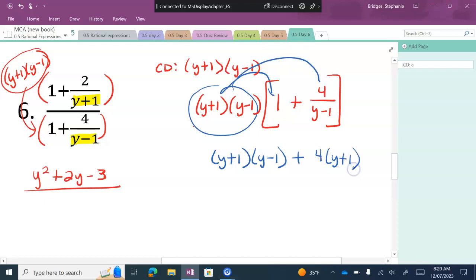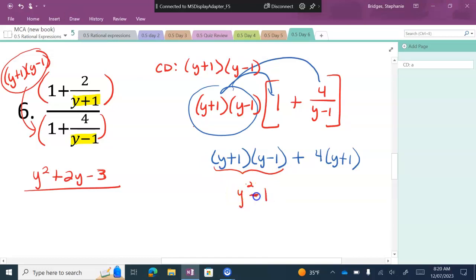Now do all of your multiplying, just like we did with the top part. What is the result of multiplying y plus 1 and y minus 1 after I combine my terms?